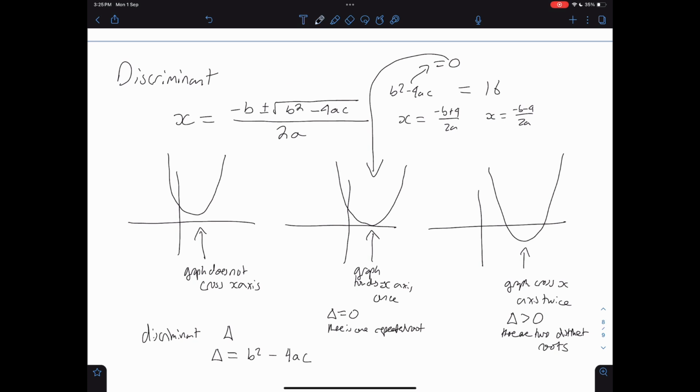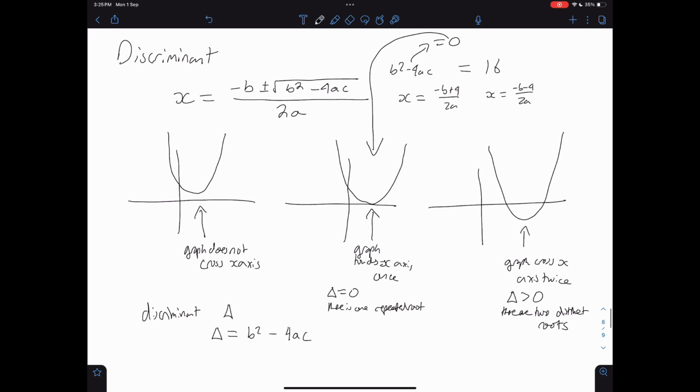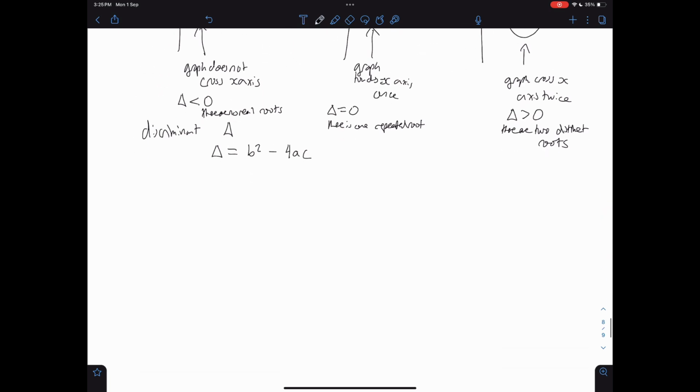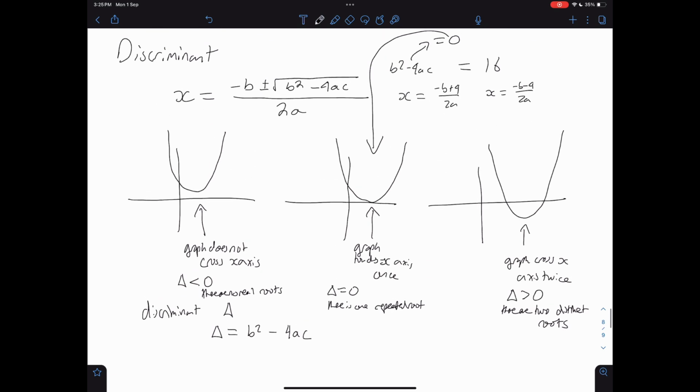And you can, of course, get complex numbers, but at AS level, you don't worry about those. But the thing we can say is if the discriminant is less than 0, there are no real roots.